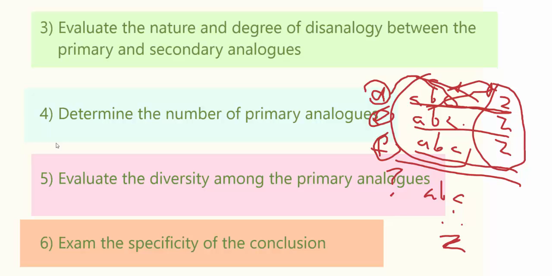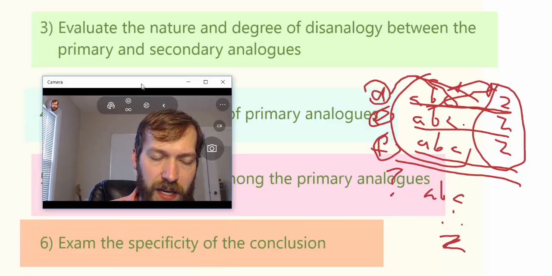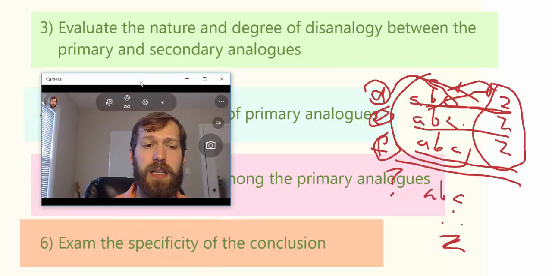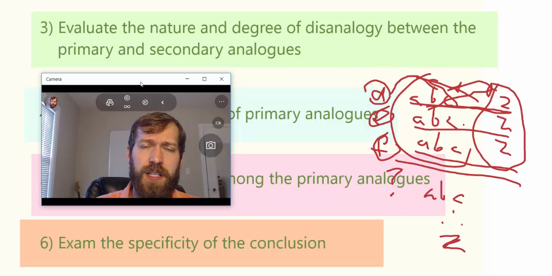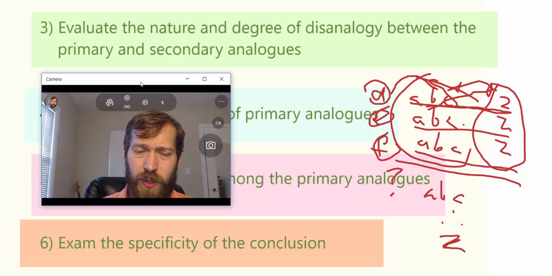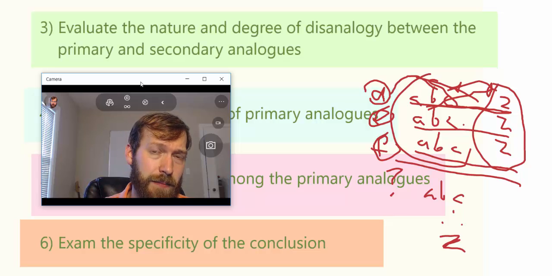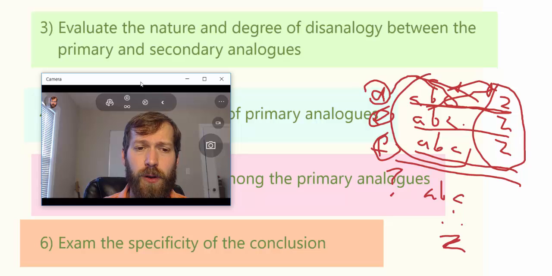The last thing, our last principle to look at is 6, and we need to make sure to take a look at exactly what our conclusion is saying. If, for instance, in the case of Oscar and Maxwell and their cars, we say that Oscar is going to get the exact same gas mileage as Maxwell, then notice that's a tough bar to meet. It's hard to get it right on the nose.